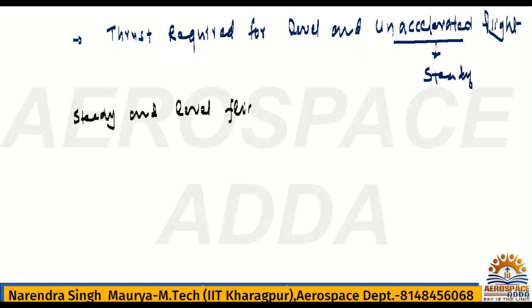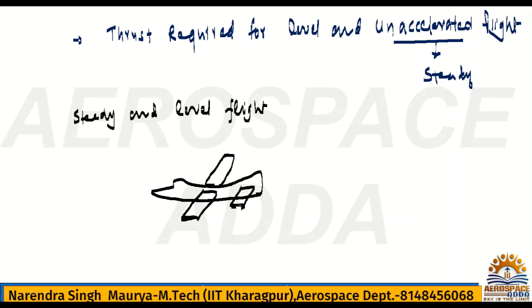What is the steady and level flight? Suppose this is the aircraft. For this aircraft, because it is the level flight, the aircraft is moving in this way with velocity v infinity.